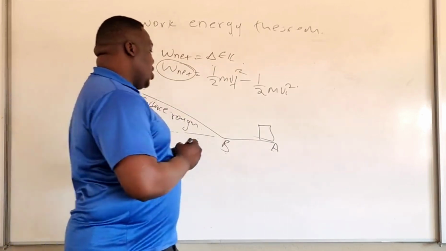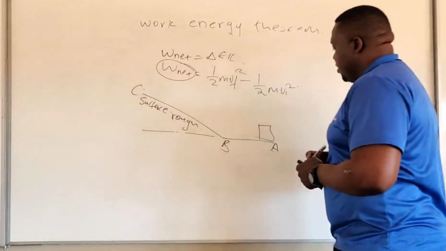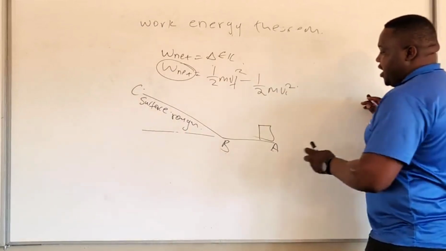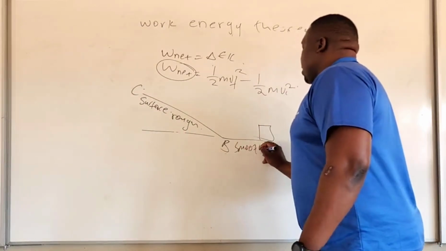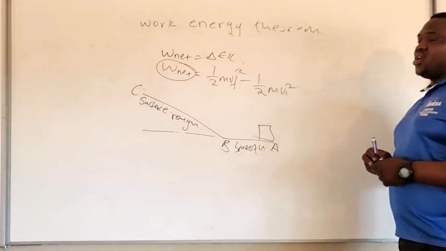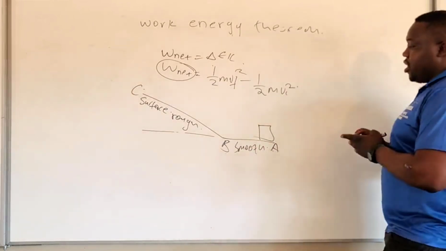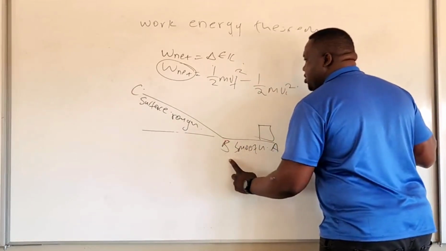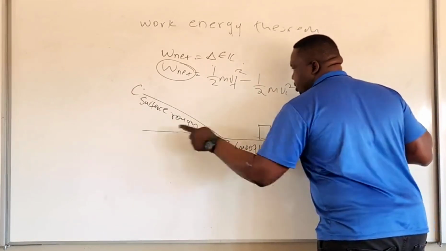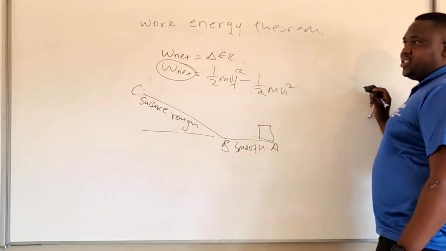They say a box is pulled from point A to B. From A to B is smooth. The word smooth means that there is no frictional force. So a box is pushed from A to B, then it moves on its own from B to C. Do you understand what is happening?